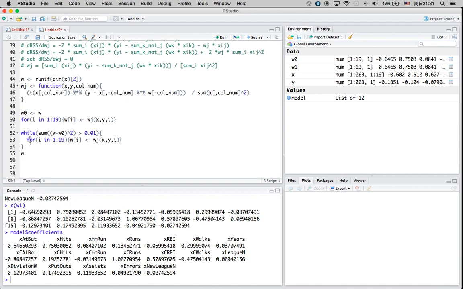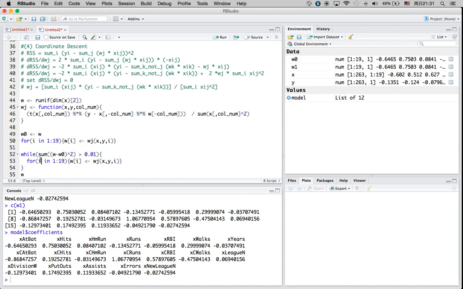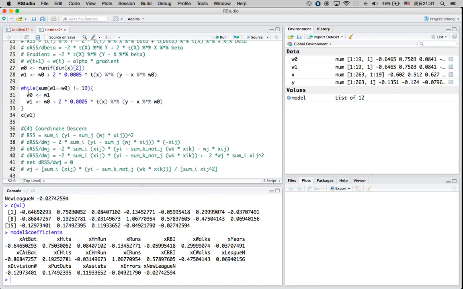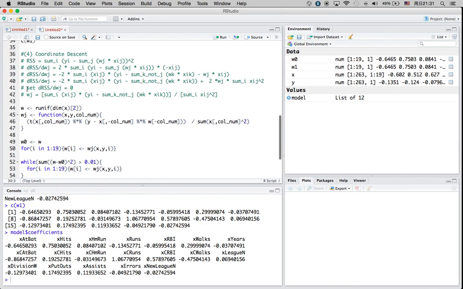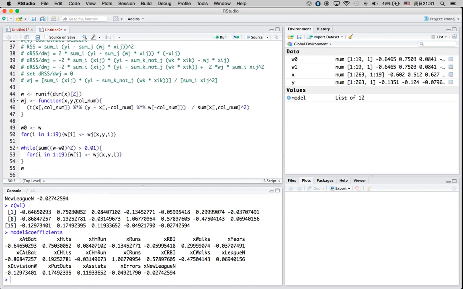That's why you will see that we have a for loop embedded in a while loop. So this is another powerful technique, but as you can see, a for loop nested in a while loop makes it even more computationally expensive. It will require more computation.